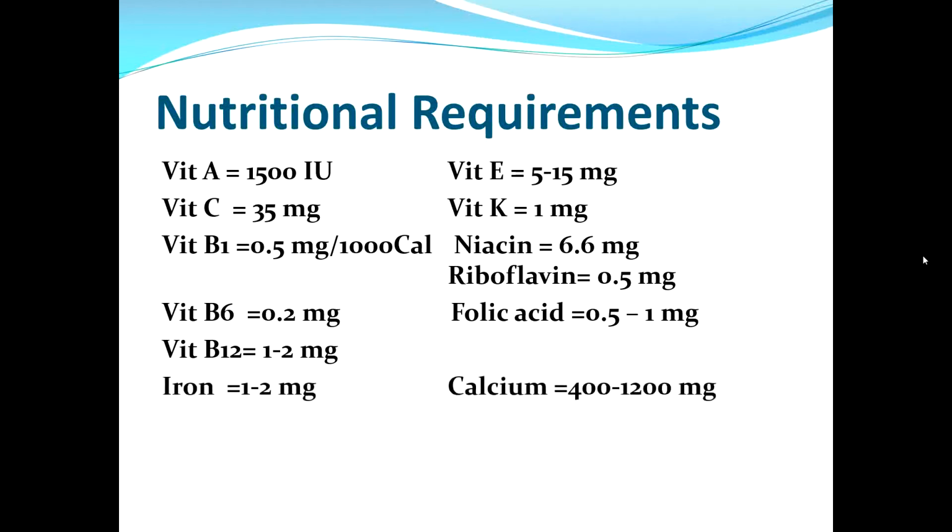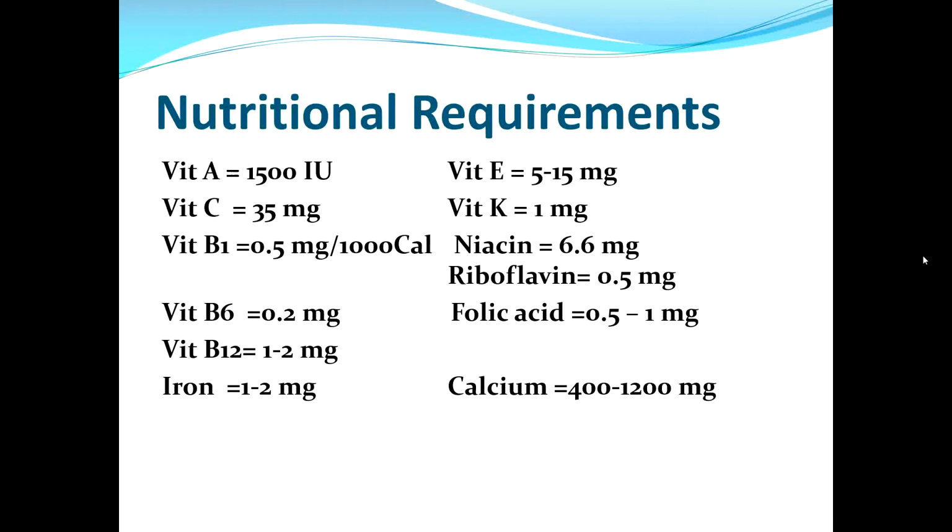Iron, 1 to 2 milligram per day. And we know that only 10% of iron is absorbed from the ingested amount. So in fact, we need 10 to 15 milligram of iron in the diet for 10% absorption to meet the demands.